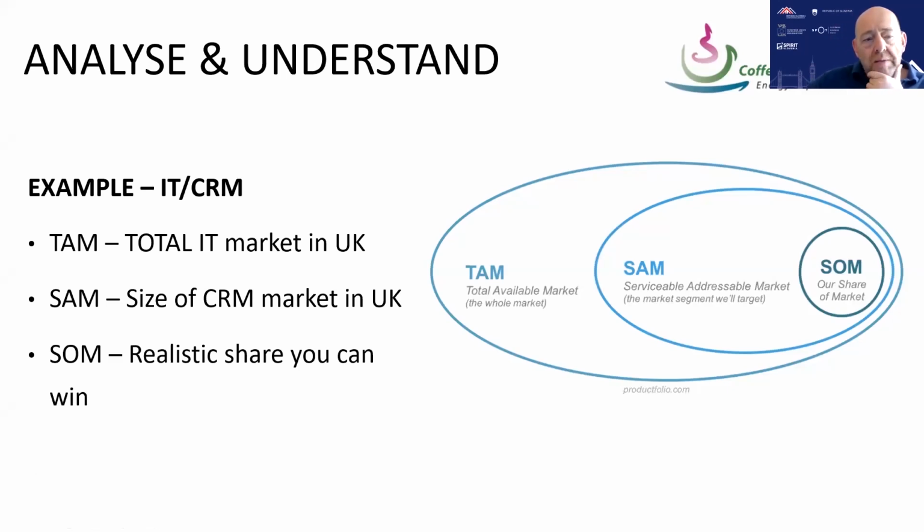The real trick comes in working out what is the share of the market that you can realistically get. And that is the challenge, because there are many reasons why it's not a simple calculation.